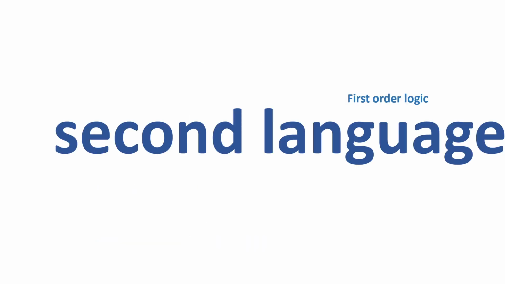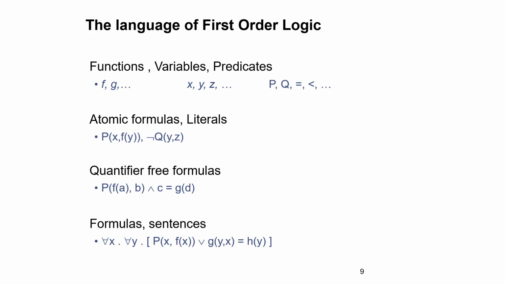This first order logic is our second language that we're looking at. The first was propositional logic. Now it's first order logic, and we already saw that there is some additional stuff going on. So what we introduced are some functions, some variables, and some predicates. Predicates are sometimes maybe not so obvious.